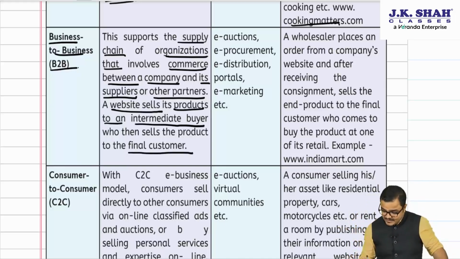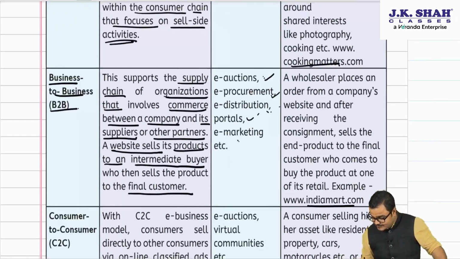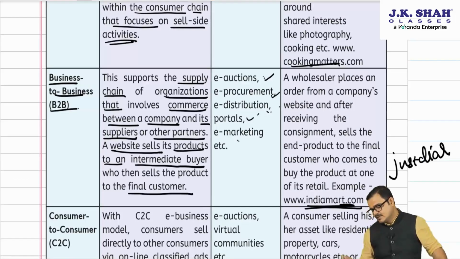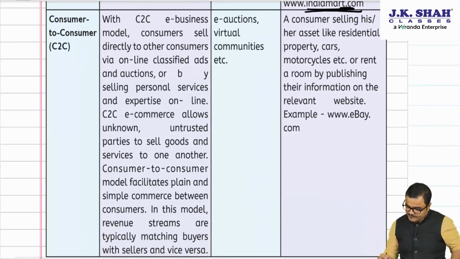Yes, sir. Examples, sir: e-auction, e-procurement, e-distribution, portals, e-marketing can be used. Agreed. Best example, sir, indiamart.com, 100%. Sir, any other example? JustDial, Naukri.com. Yes, sir.